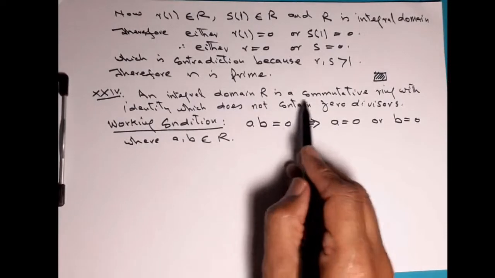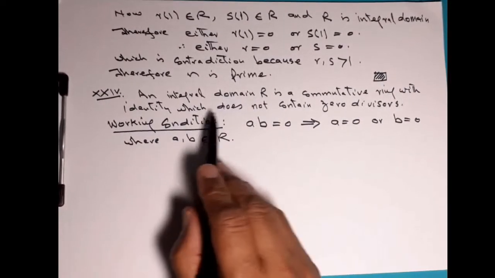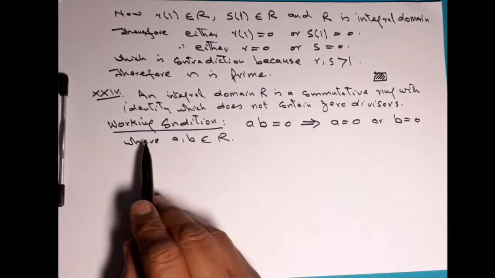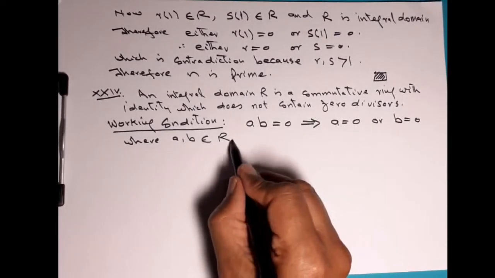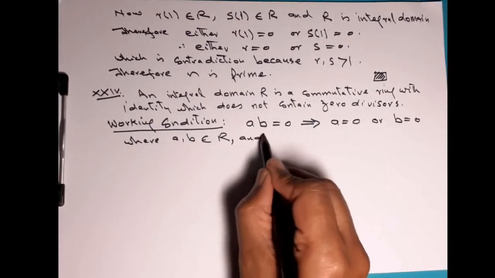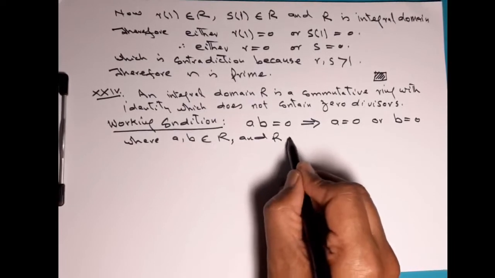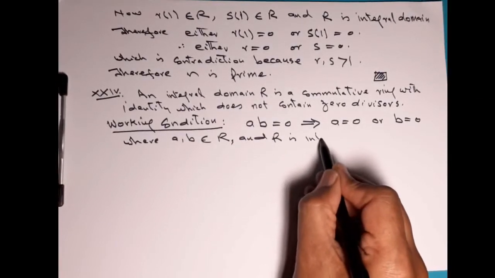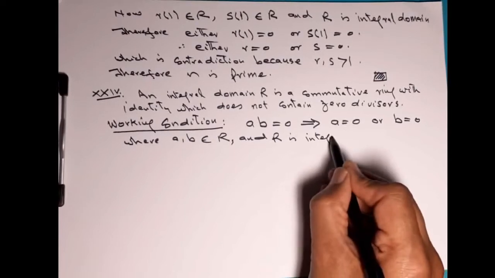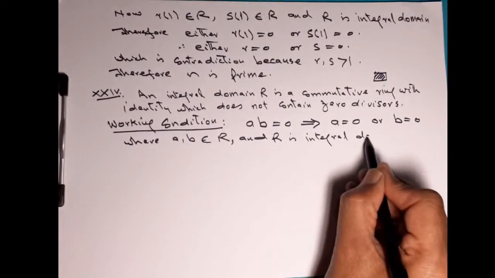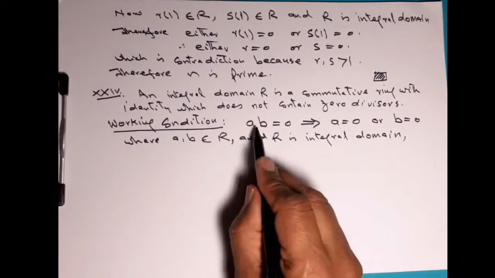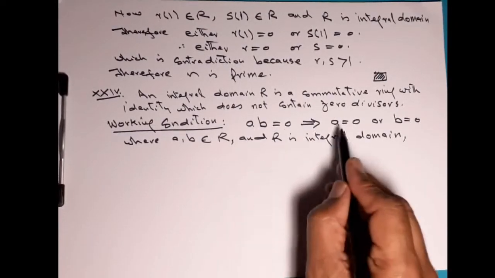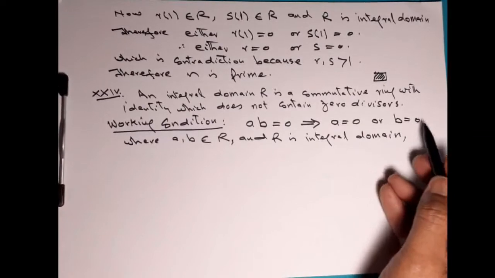An integral domain R is a commutative ring with identity which does not contain zero divisors. So if A, B belong to R and R is an integral domain, then if the product AB is 0, then either A is equal to 0 or B is equal to 0.